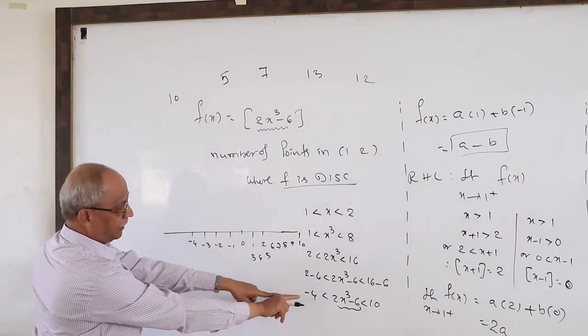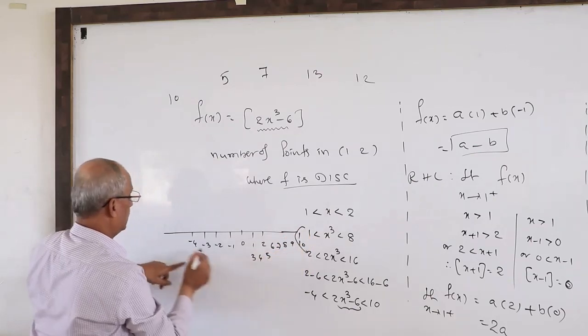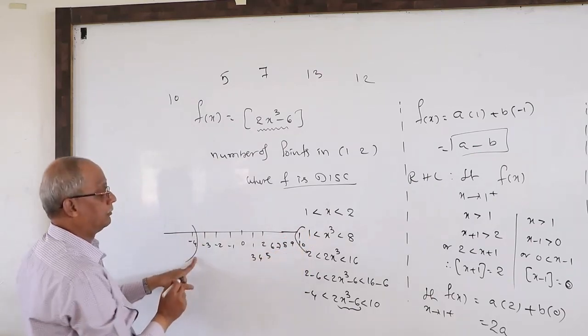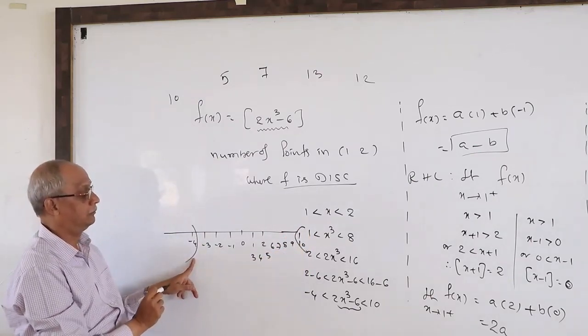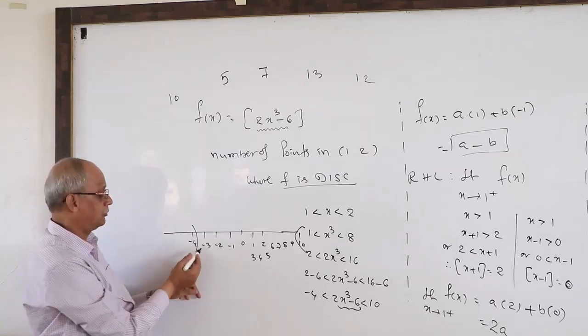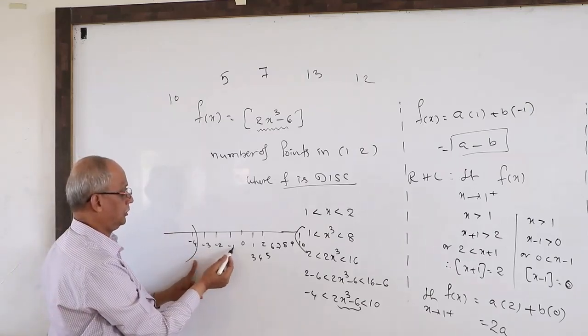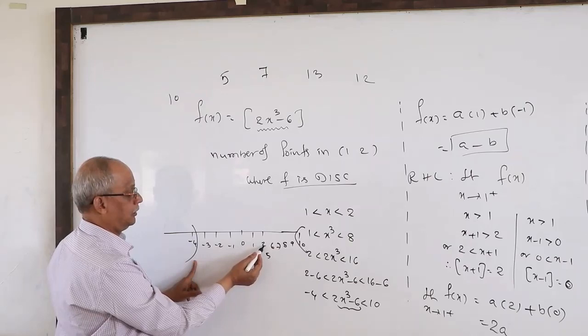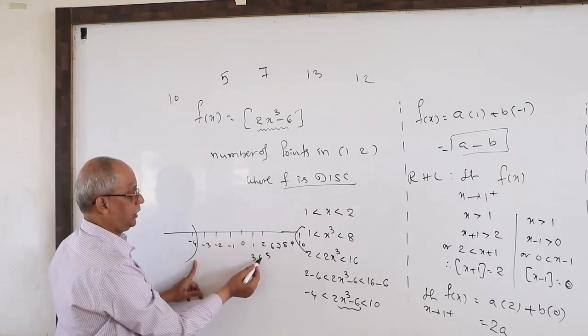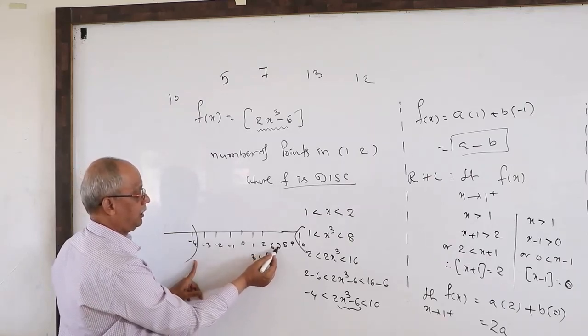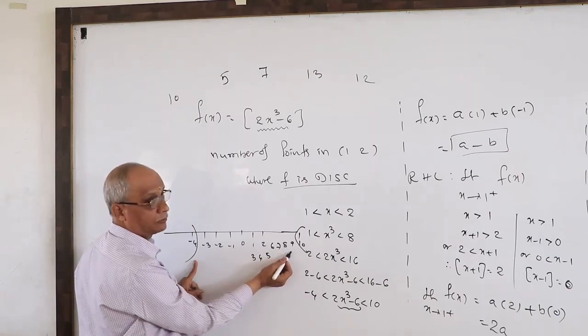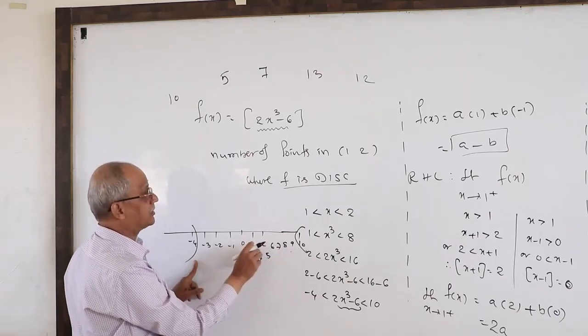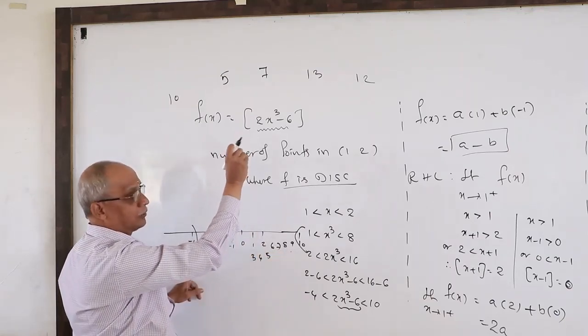Because it is an open interval, remove this minus 4 and 10; they are not possible. Count the numbers: 1, 2, 3, 4, 5, 6, 7, 8, 9, 10, 11, 12, 13. At these integers, the function has no continuity.